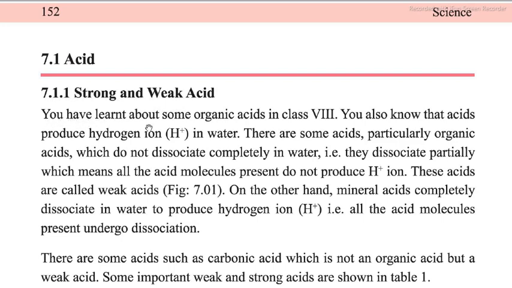You have learned about some organic acids in class 8. You also know that acids produce hydrogen ion H+ in water. Now, the question may come again. What is meant by hydrogen ion H+? Hydrogen ion is strictly the nucleus of a hydrogen atom separated from its accompanying electron.